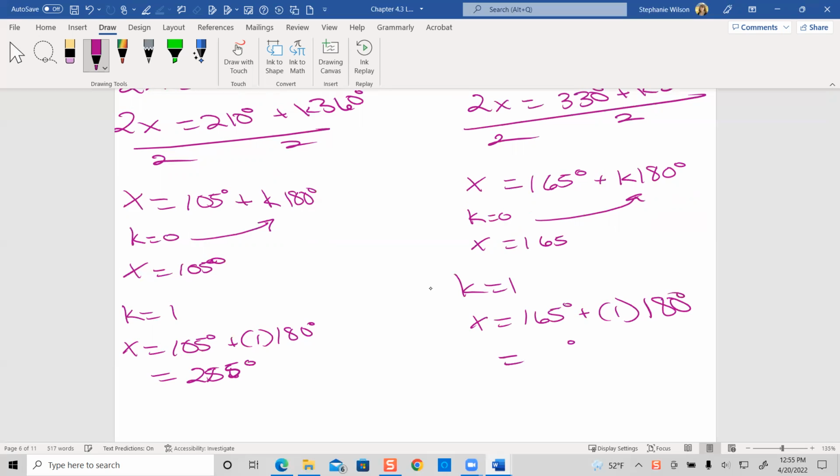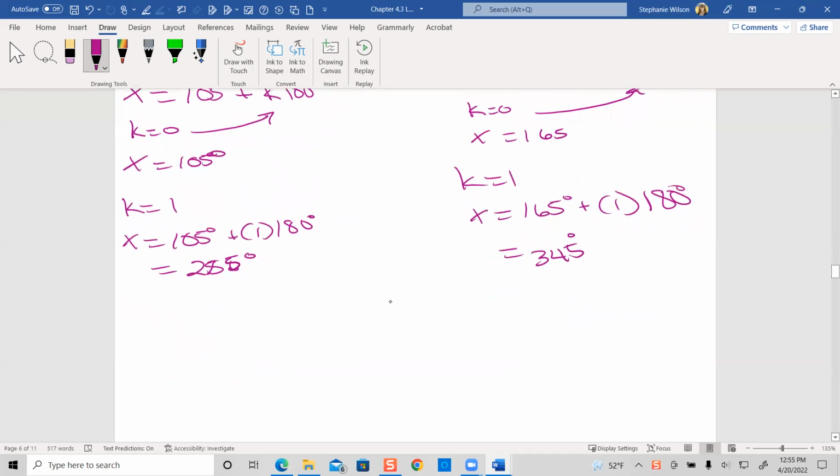I get 165 degrees plus 180 degrees, which is 345 degrees. Now I have a set of values for this equation: 105 degrees, 165 degrees, 285 degrees, 345 degrees. Okay, guys, it just depends on how many answers they want. If you continue, you can let k equal 2 and so on.